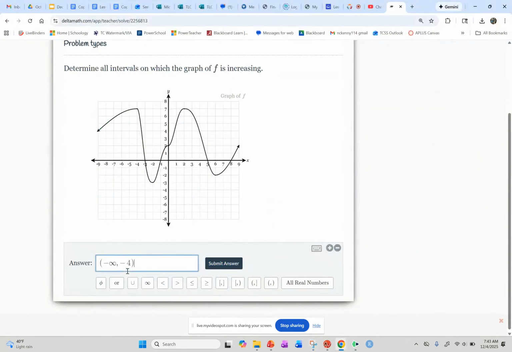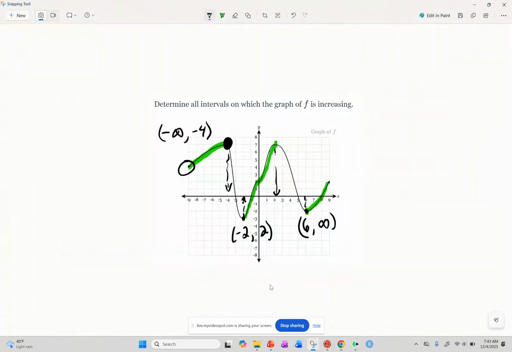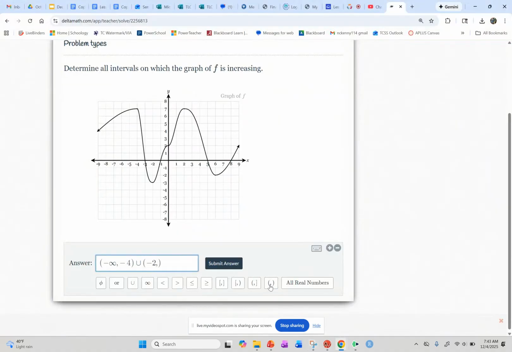When you go outside the parentheses, that's one interval. You have to hit this U, that's a union, putting things together. Technically, not actually mathematically accurate, but that's what Delta Math wants you to do. So negative 2 to positive 2, union, 6 to infinity. And there it is.